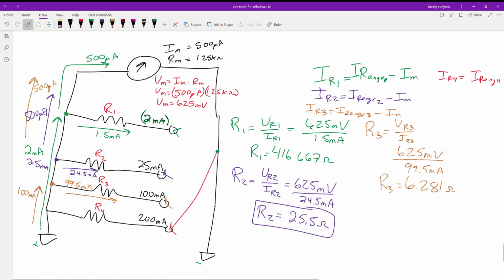On this one, we will have 200 milliamps going up this direction. We'll have 500 microamps going up to our meter, and that's going to leave us 199.5 milliamps.